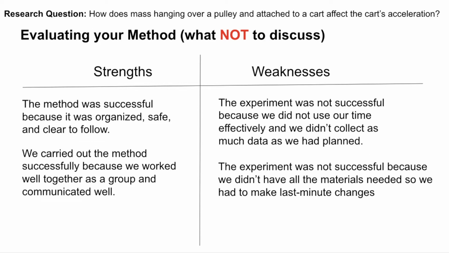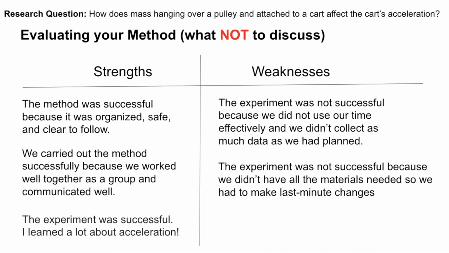That's not a problem with the method, that's a problem with your own personal organizational skills. Here's a final strength that I don't want to see in your lab report. The experiment was successful. I learned a lot about acceleration. Good, but not relevant to your method.